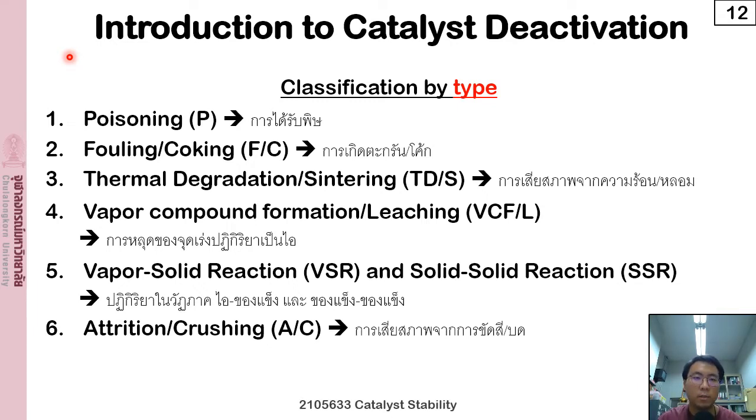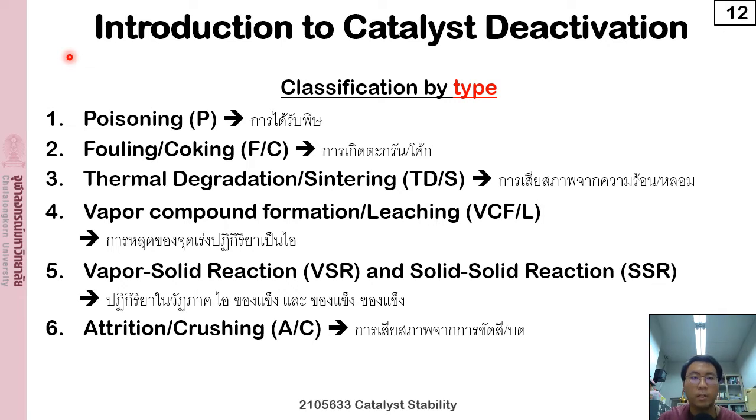The third one is thermal degradation, or we can call it sintering. This one causes the loss of active sites by fusing. The small active sites fuse together, reducing the surface area of the active sites. So when the surface area is reduced, your activity will drop.